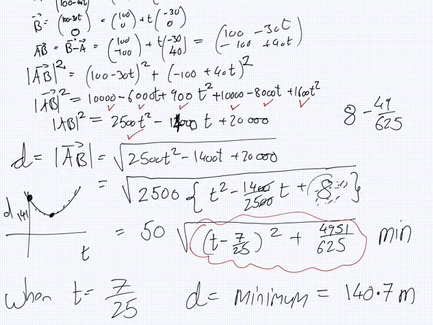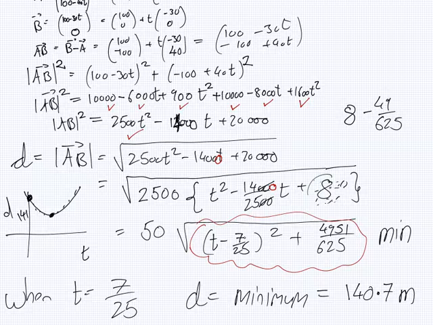Oh, no. It's okay. Minus 6,000 minus 8,000. That's 3 zeros, and here I wrote 2 zeros. I lost a 0. So it's 14 over 25 then.